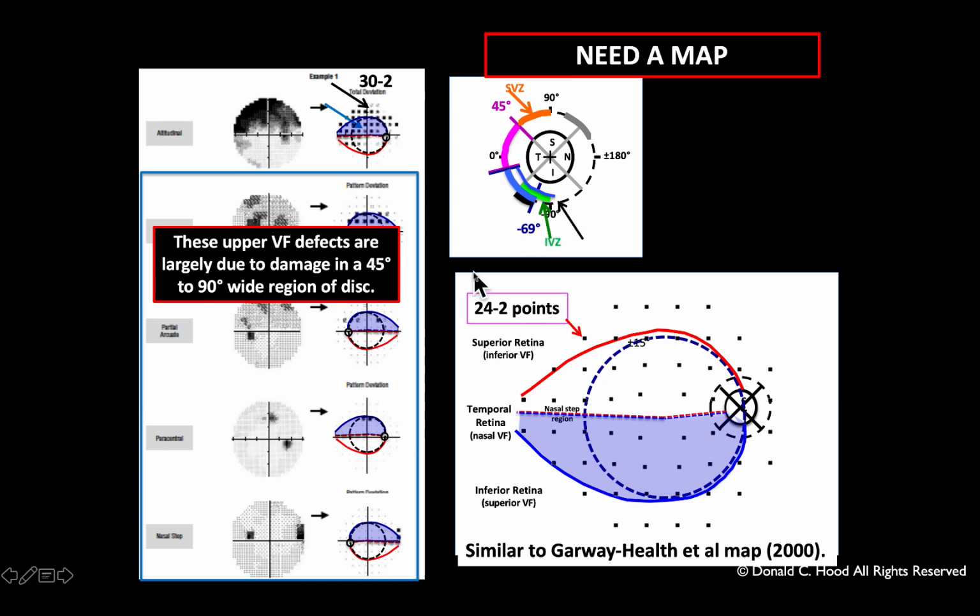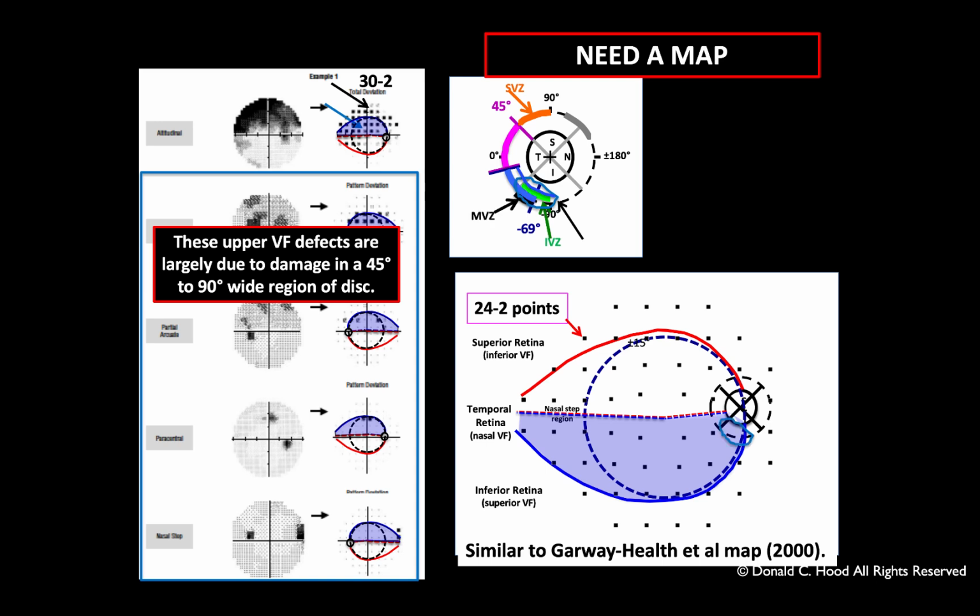So let me pause for a second to let you absorb this, and let me put it another way. All of these defects, in all their variations, are largely due to damage within this region right here of the disc. That's it.